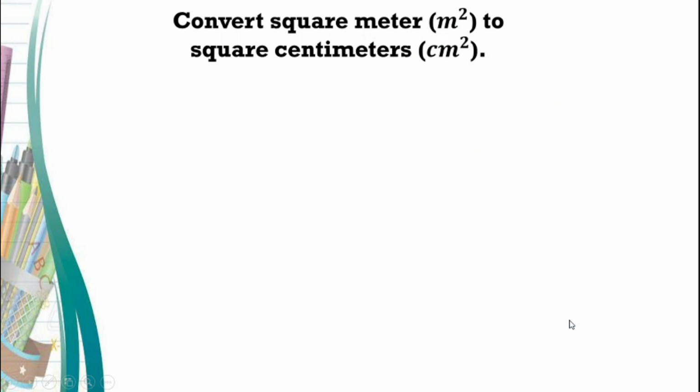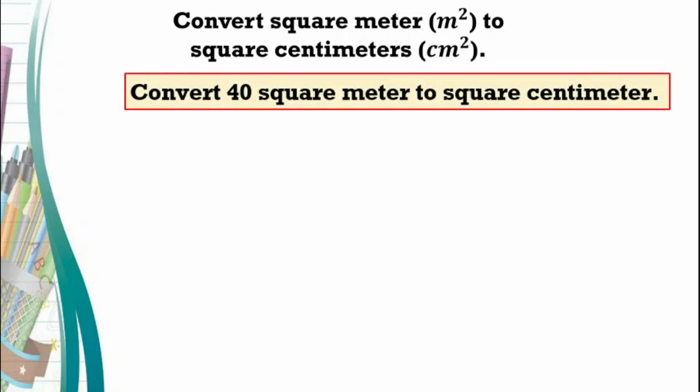Now, let's convert square meter to square centimeter. Convert 40 square meters to square centimeters. To convert this one, 40 meters squared to centimeters squared, multiply it by 10,000.